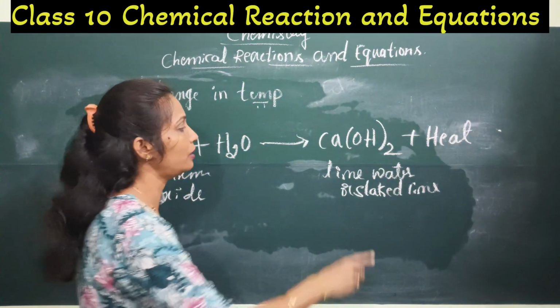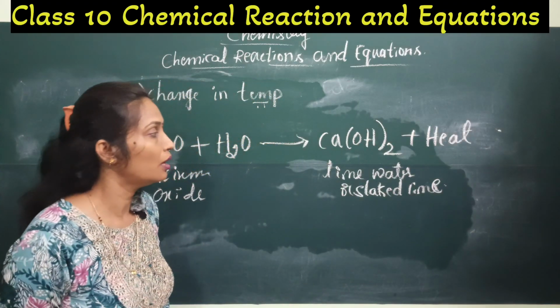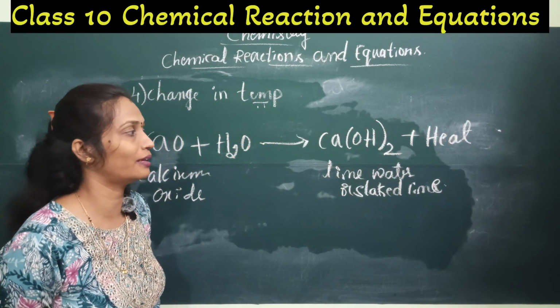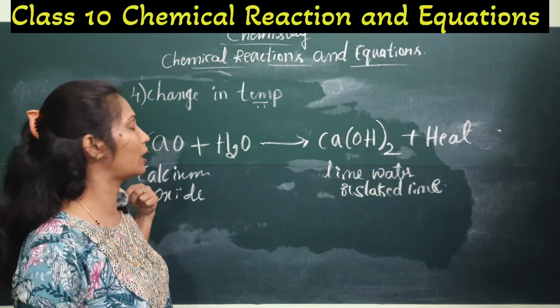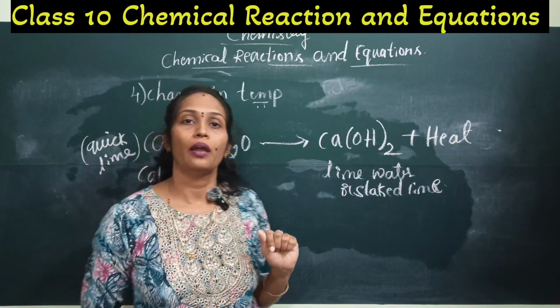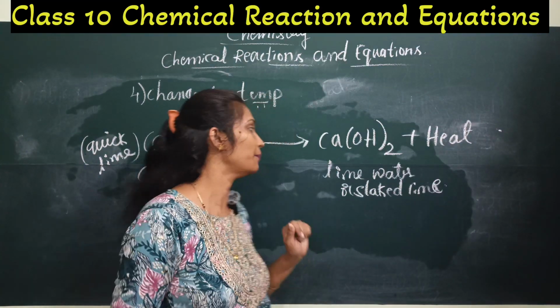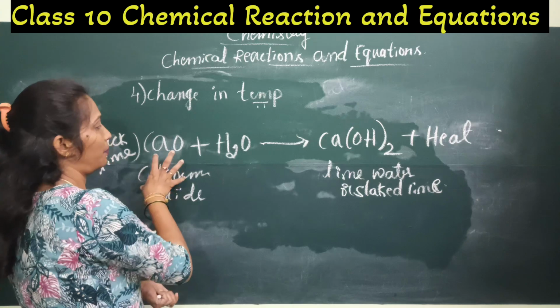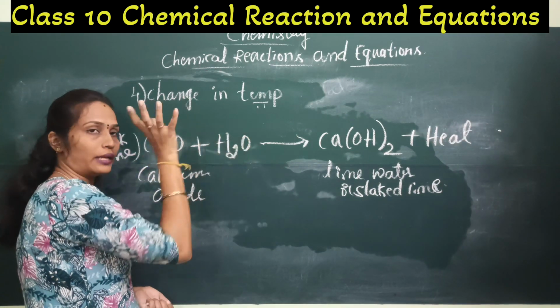This is very important. You may get some questions: write the equation of lime water or slaked lime, or when calcium oxide quicklime reacts with water, there is a formation of lime water, write down the equation. They may ask such kinds of questions also. What happens when you add calcium oxide and water in a beaker?